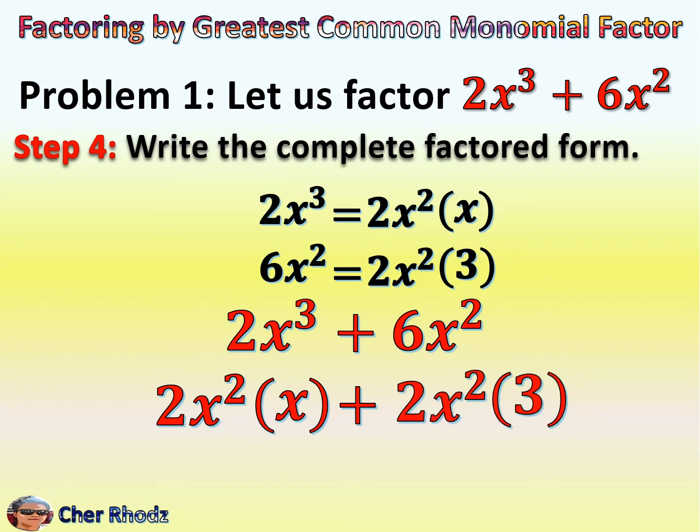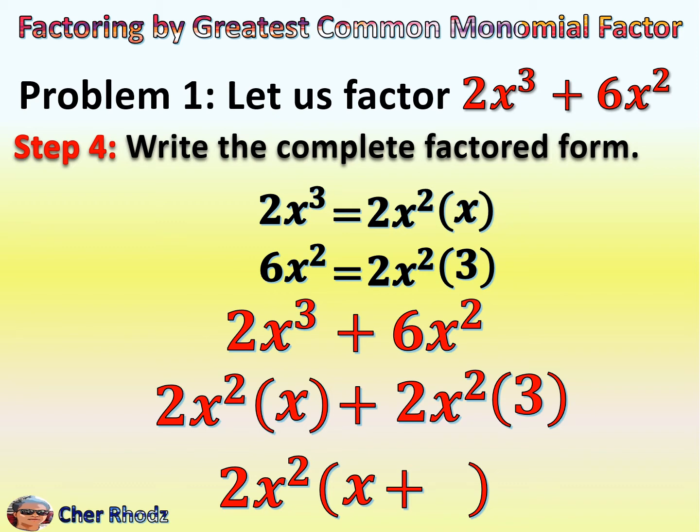Since both terms have the same 2x squared, let's copy it, 2x squared. Now, put the remaining numbers or expressions in parentheses. The remaining expression in our first term is x, then copy the operation.